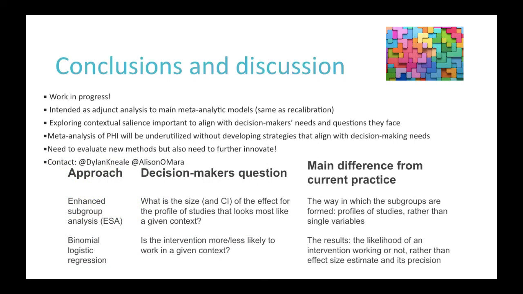So this is very much work in progress. We're trying to develop approaches that we think are going to lead to more useful evidence for decision makers. And we need to fully evaluate these methods, but we think that these approaches are doing something quite different from current practice and may be useful in addressing decision makers' questions about evidence.